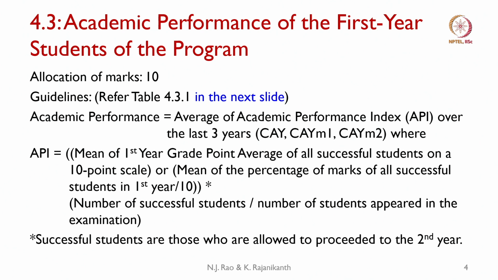Some institutes may not put any bar. Depending on what the regulations are, who is allowed to proceed to second year can vary. But under this criterion, if a student is allowed to proceed to the second year, we consider that student as a successful student. So, we count all those students as successful when they are allowed to proceed to the second year.